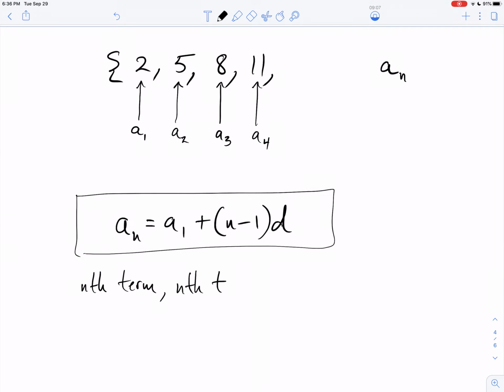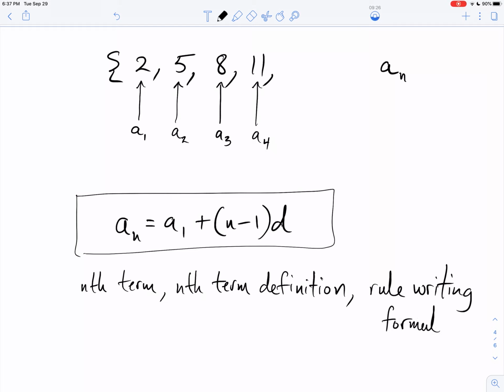So sometimes they call it the nth term, sometimes they call it the nth term definition, and then some books call it the rule writing formula. I will call it whatever I want. I will either use this, or this to describe it. And if I do, you should know those vocabulary terms.